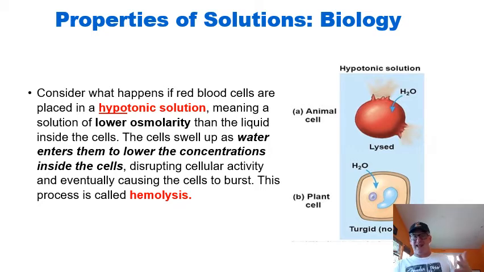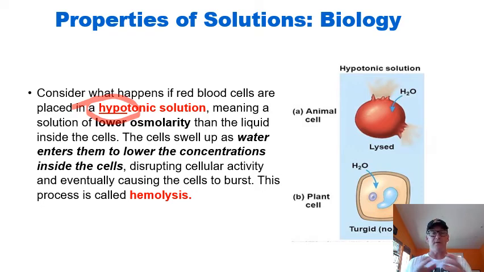Now, on the other hand, if we have a hypotonic solution, hypo meaning lower, let's say pure water, meaning we don't have any solute concentration outside the cell. Well, what's going to happen? Water is going to rapidly move from where solute concentration is low, outside the cell, into the cell, where solute concentration is higher.